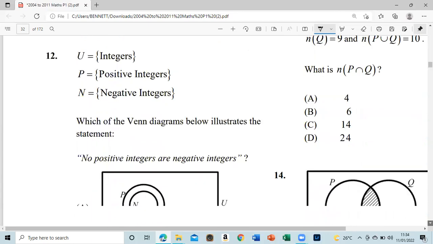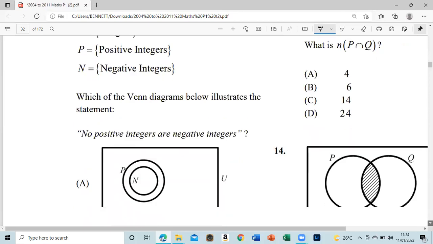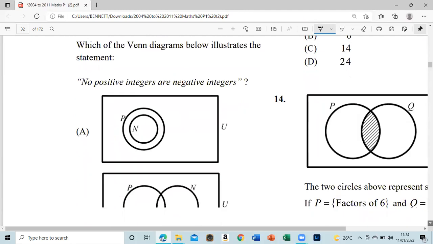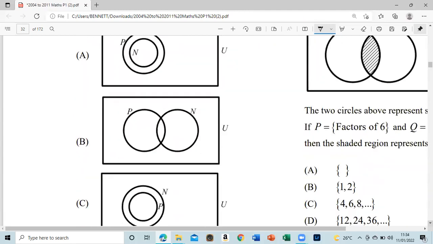Number 12 said, which of the Venn diagrams below illustrates the statement, no positive integers or negative integers, right? It's not that one. That suggests that there is a number common. All this is saying, guys, is that P contains N. So all the elements in N would be in P. And this is saying the similar.